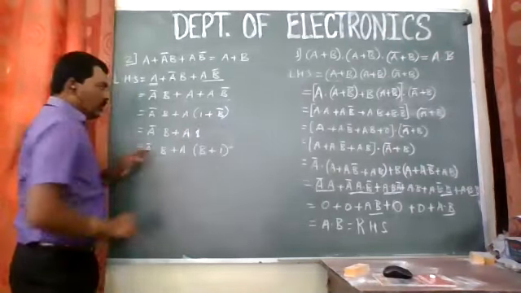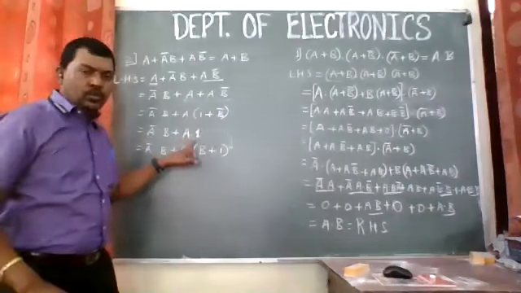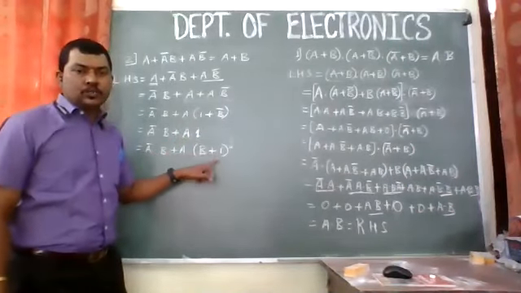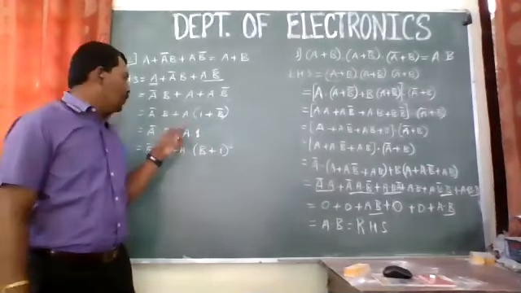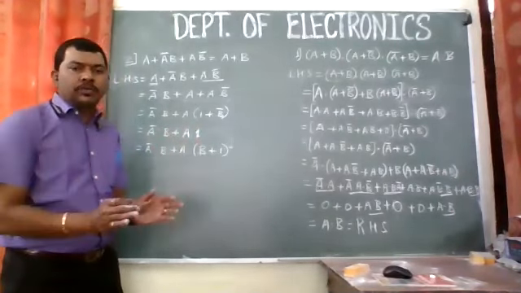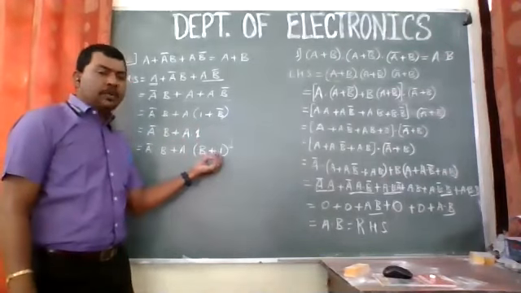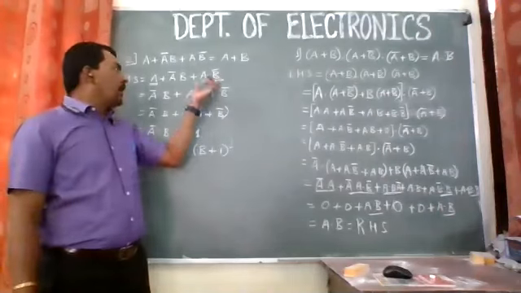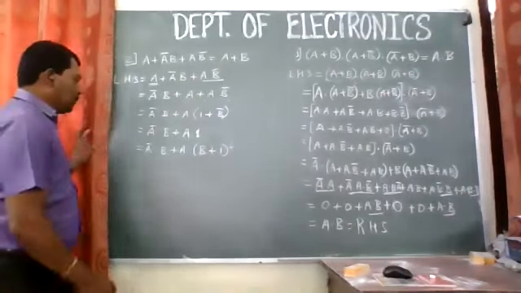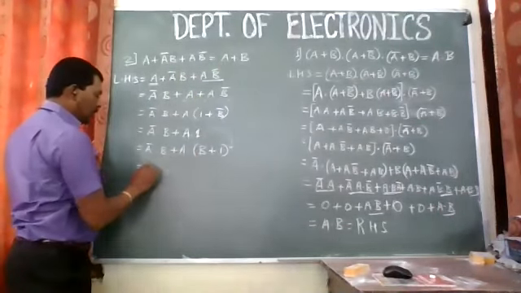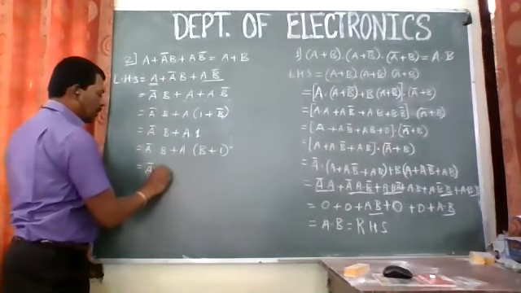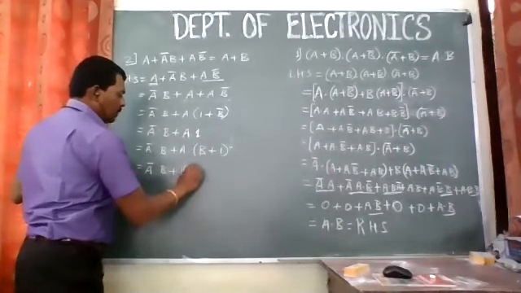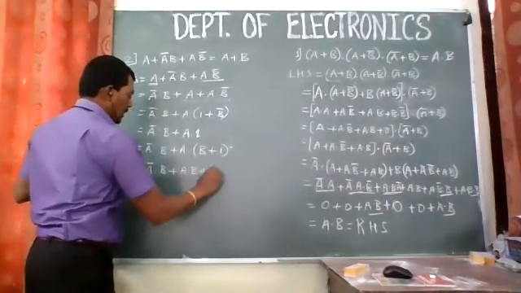So I got 1 plus b bar equal to 1, and now I am writing 1 as b plus 1, which will also give you 1 only. Just for simplification, I am using this term b plus 1 instead of 1. Then only we can get the required proof. So we are having a bar dot b plus a bar a dot b plus a.